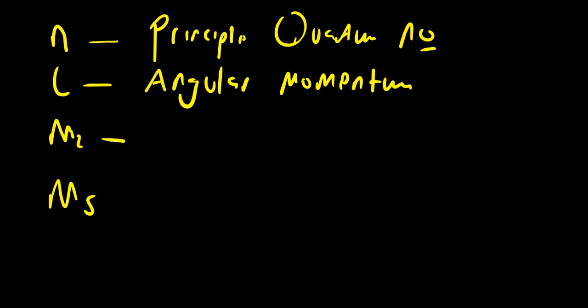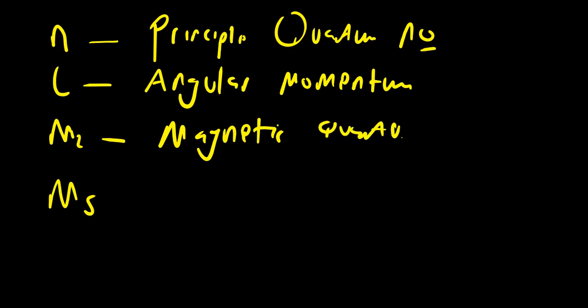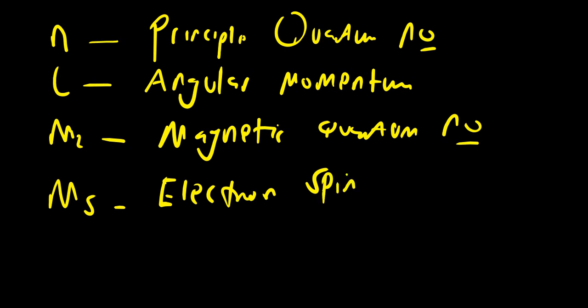Then you've got the ml, which represents the magnetic quantum number. Then your ms is just the electron spin quantum number.